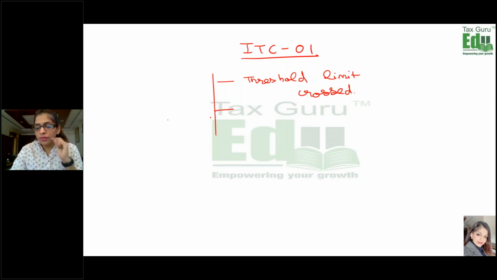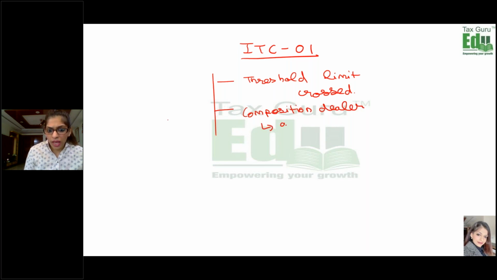There can also be one reason that I was in the composition scheme. I was registered as a composition dealer. Now as on 9th August, either my turnover crossed the threshold limit or I decided to take a normal registration.